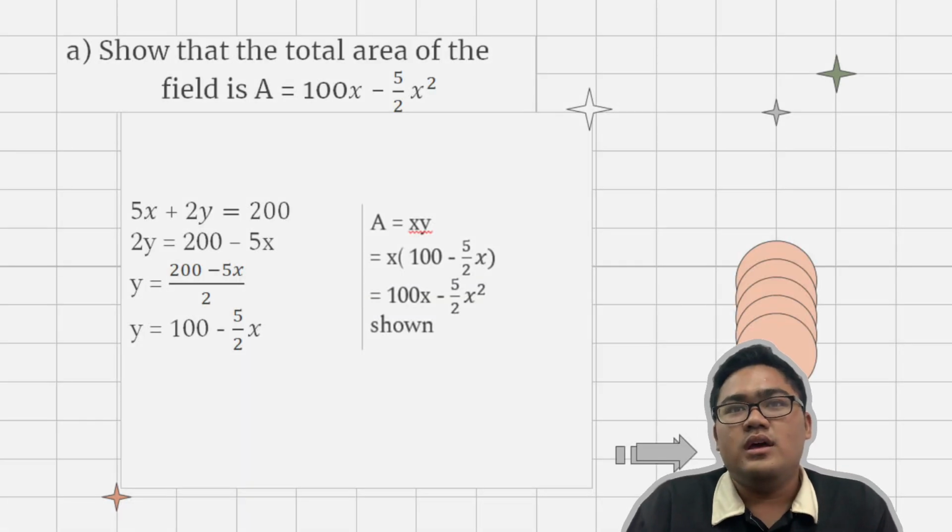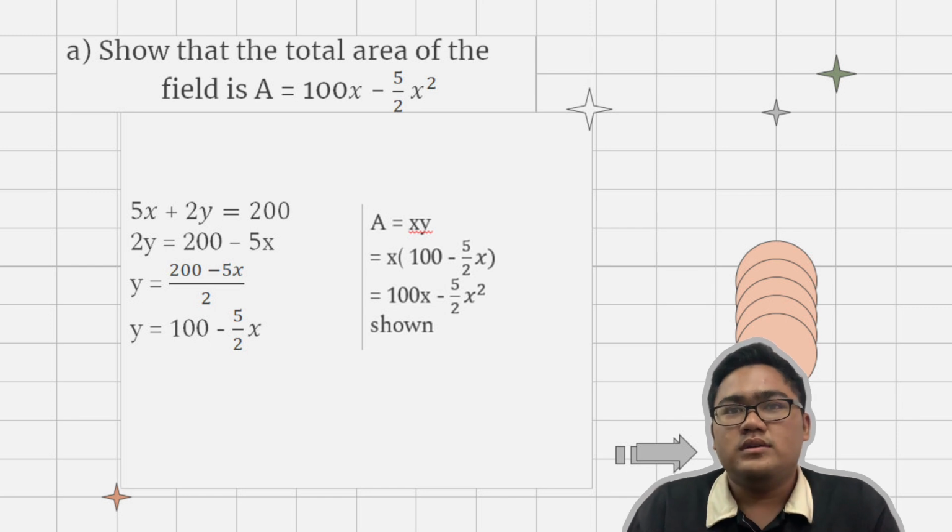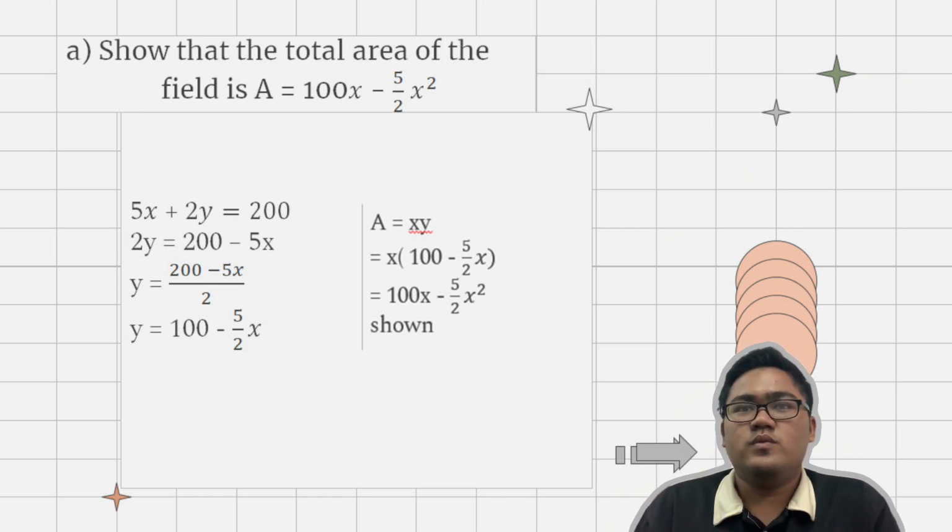Question A. Show that the total area of the field is A equals 100x minus 5 over 2 x squared. So first, 5x plus 2y equals 200, and then 2y equals 200 minus 5x, and then y equals 200 minus 5x over 2, and the last one, y equals 100 minus 5 over 2 x.